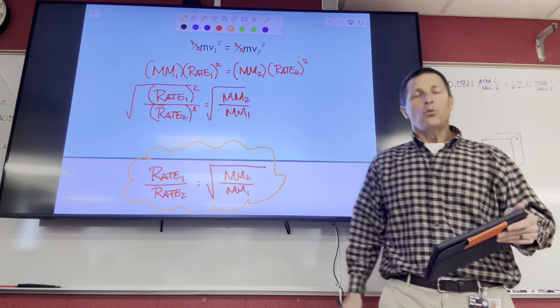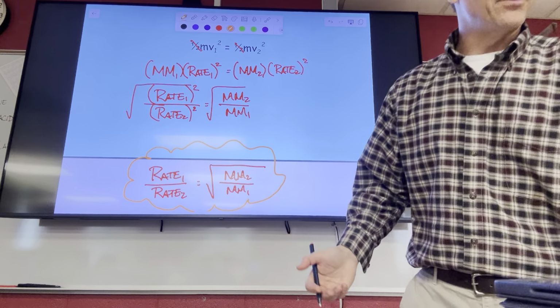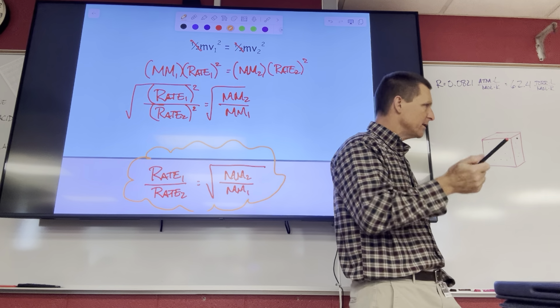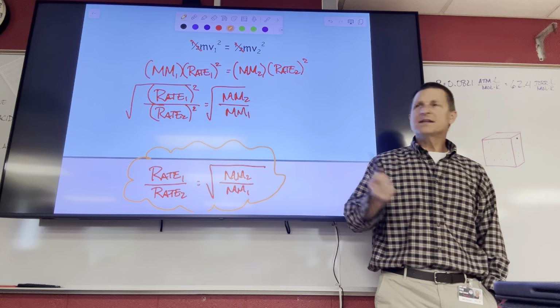So we have a couple of examples today that we're going to work through using Graham's law. But before we do that, let's think about what Graham's law is telling us. What is the concept behind it? I was asked in the last class, is this on the equation sheet? I had to go look at it.